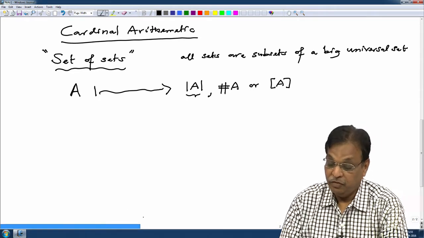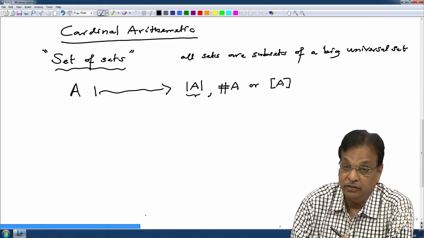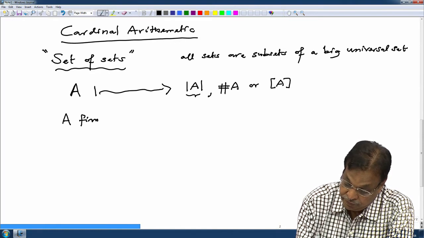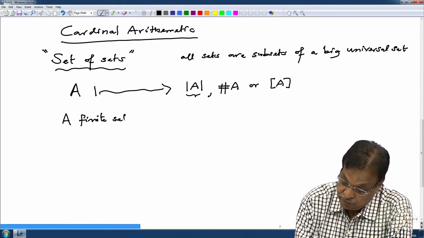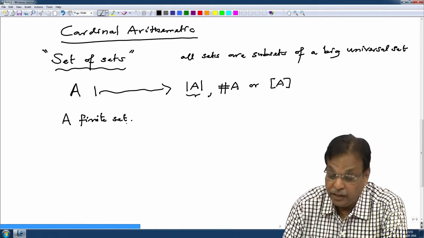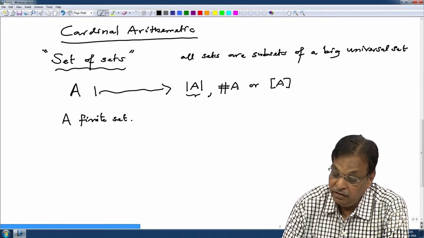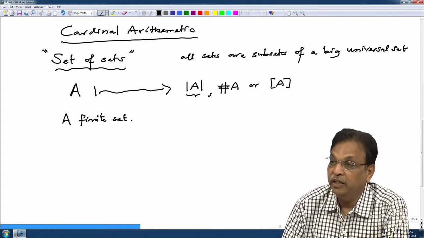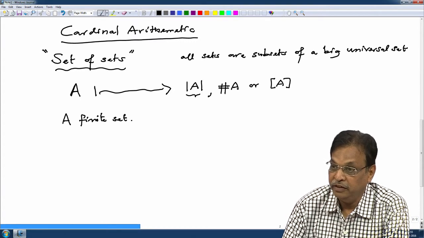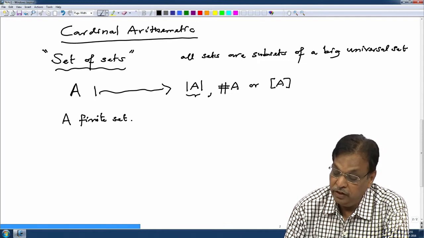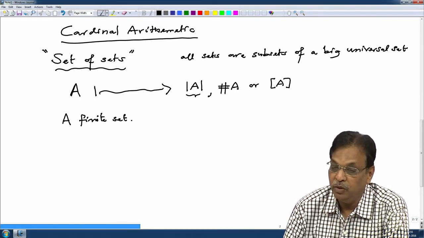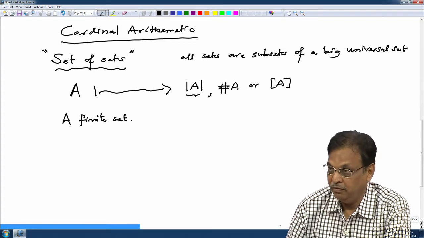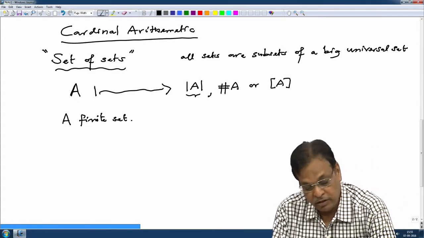First of all, note that in a finite case, if A is a finite set, that means there are finitely many elements, and crudely speaking, this number is called the cardinality of that finite set. But when you go to the infinite case, this crudeness will not be sufficient. So, we will have to come up with better notation and also a better definition.